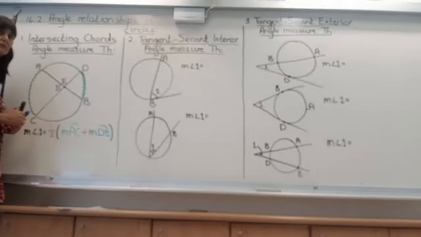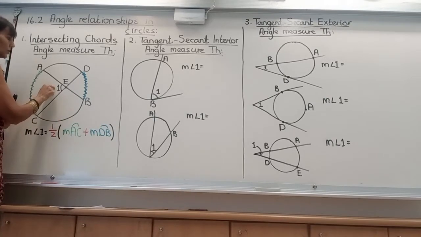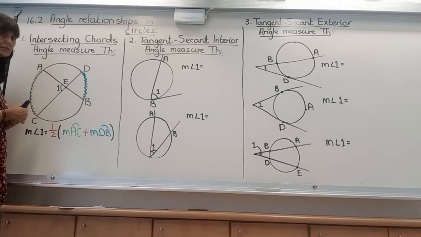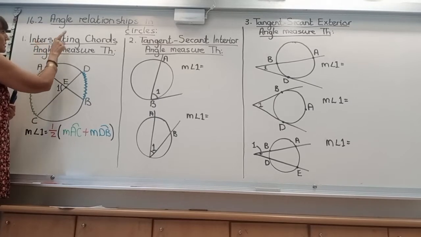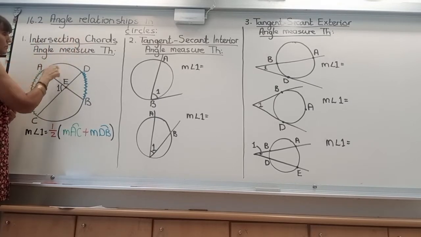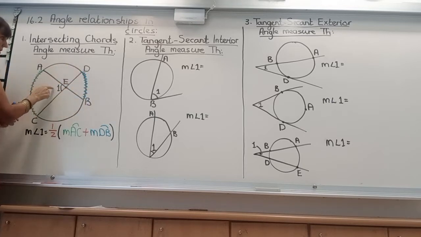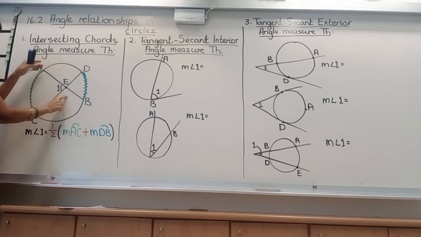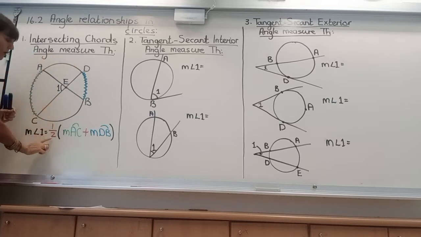Your answer can be divided by 2. And you will know the measure of angle 1 when I have 2 chords intersecting in a circle. Intersecting chords, angle measure theorem. Add the 2. If they want you to calculate this angle, then you'll add the top and the bottom one and half of that. Okay.